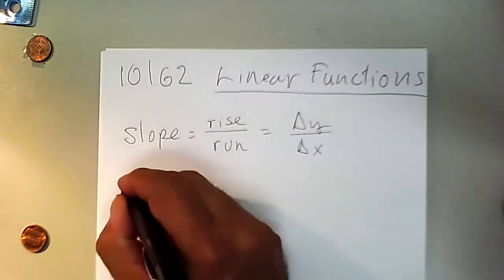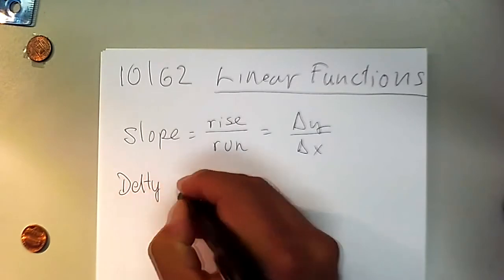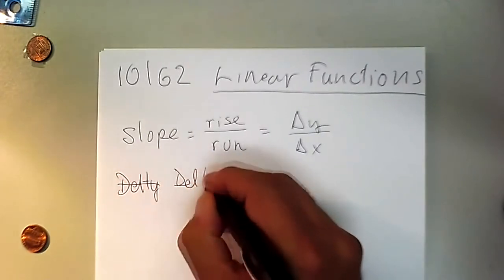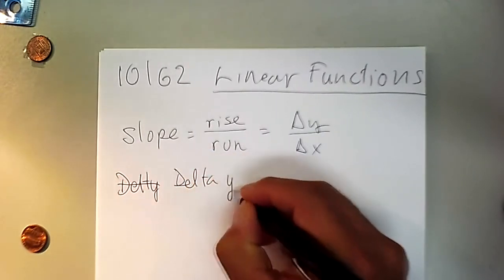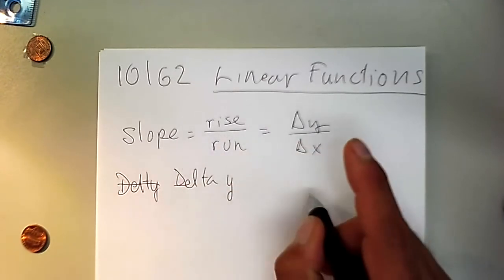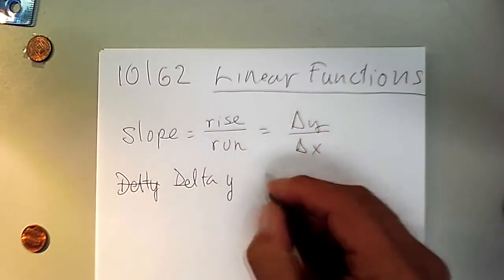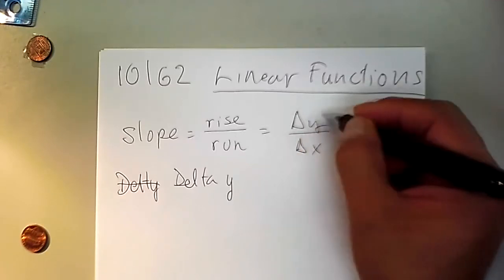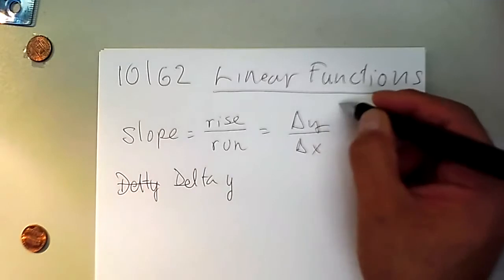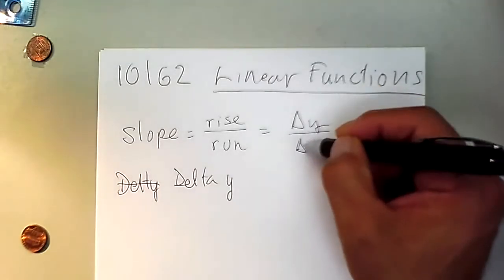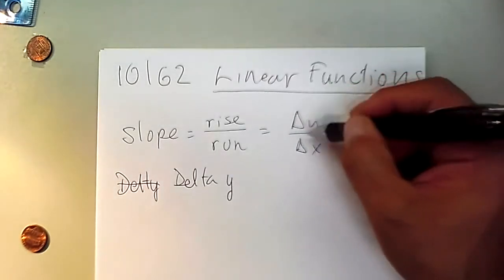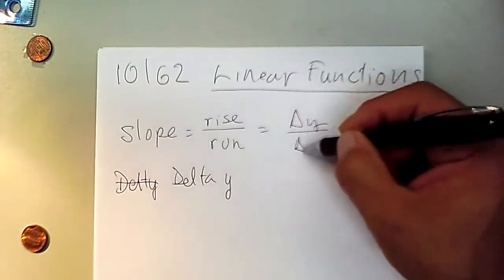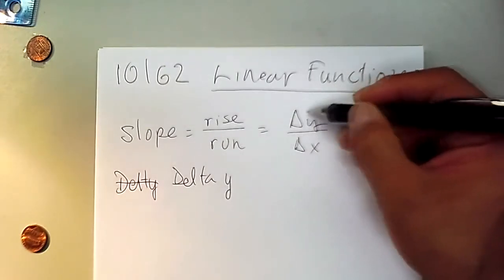Now, delta y, whoops, not delta, delta y is one symbol. It's not two symbols, it's one symbol. It's a compound name made up of two items, delta and y. If we actually had two symbols, then the deltas would cancel and we would be multiplying.